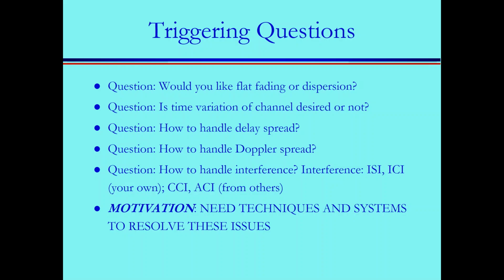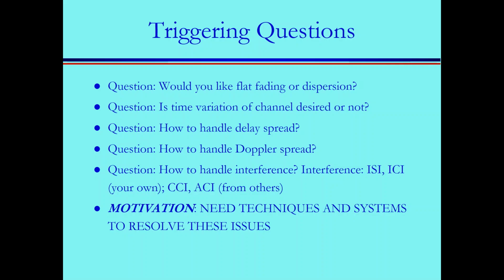We have many different types of interference, but for now, we will discuss self-interference, called inter-symbol interference and inter-carrier interference. This comes from the system design. Then there is co-channel interference and adjacent channel interference, which come from others. Co-channel interference means you have another signal coming on top of your signal.